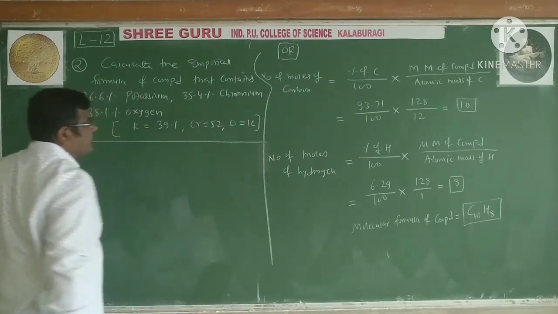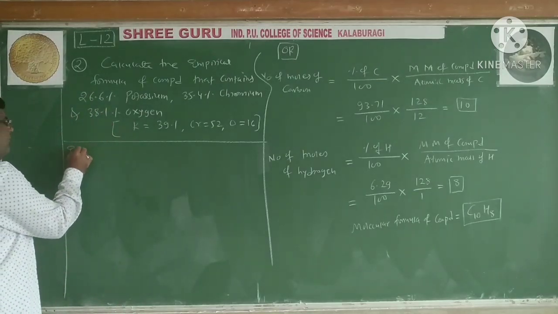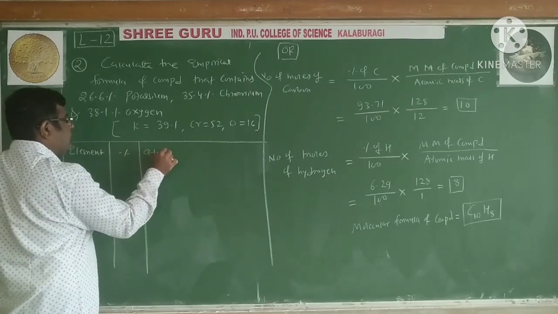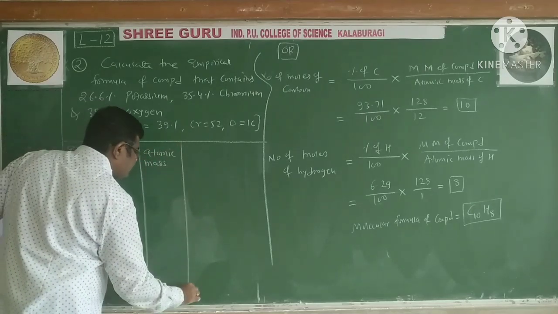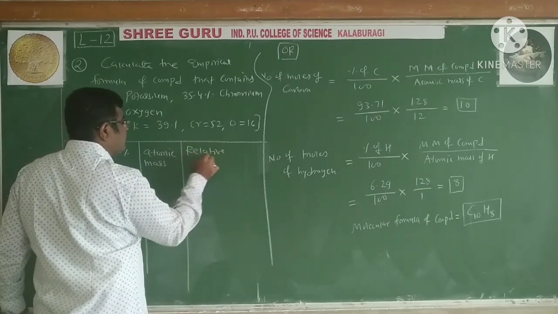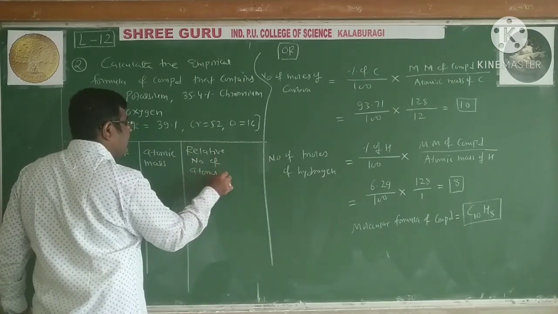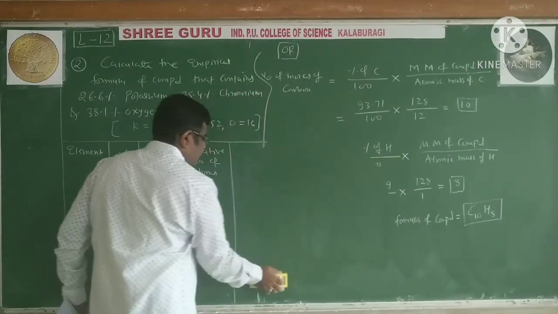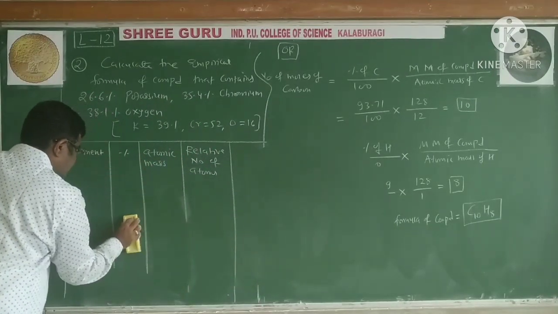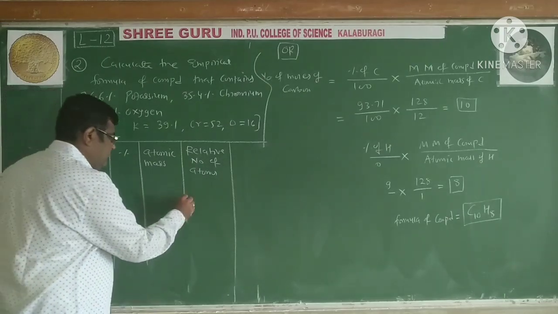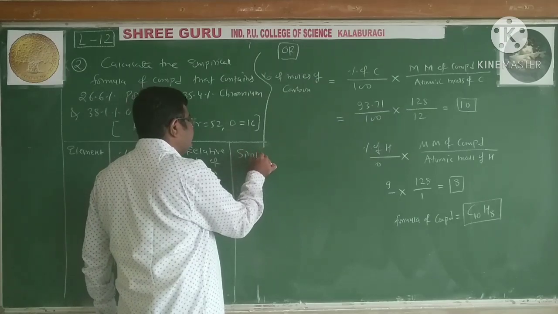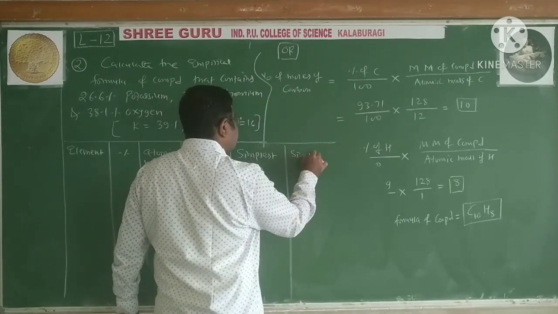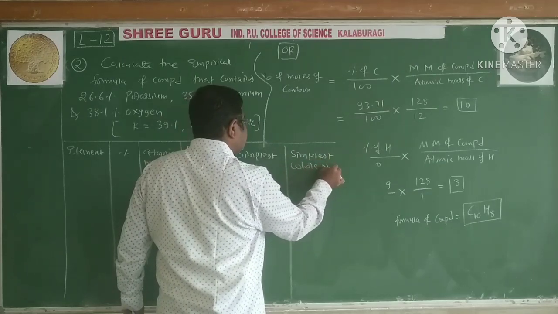We use this information and make a table in the form of element, percentage, atomic mass, relative number of atoms, then simplest ratio, and then simplest whole number ratio.